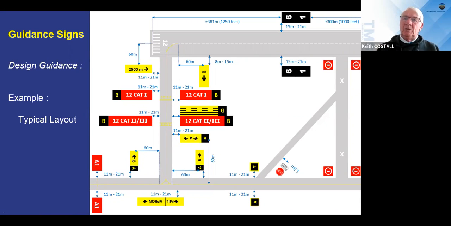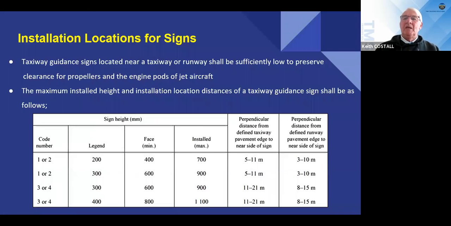So this is a typical layout. Where do we put those guidance signs according to the size of the taxiway, side of the taxiway or the runway? Well, we have a chart in Annex 14 which tells us that. So in that chart, you can see that this chart actually has been around a long time, from those early days of designing and where guidance signs and where we should put them.